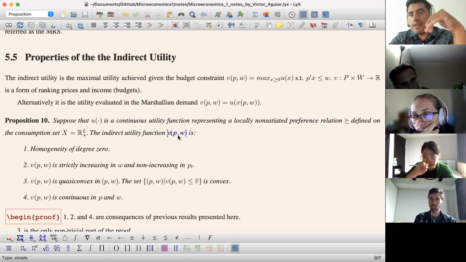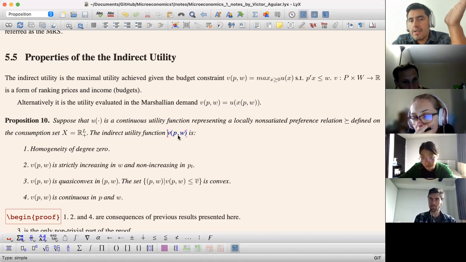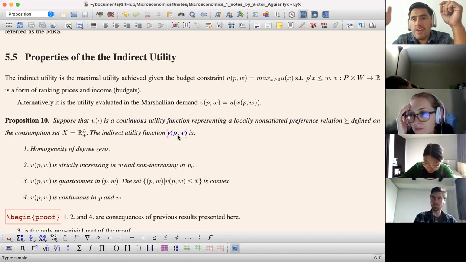But if prices increase, then the utility is going to decrease. Of course, you have the weak part, because some changes of prices won't make a difference, and this is especially the case when you have corner solutions. Therefore, non-increasing.